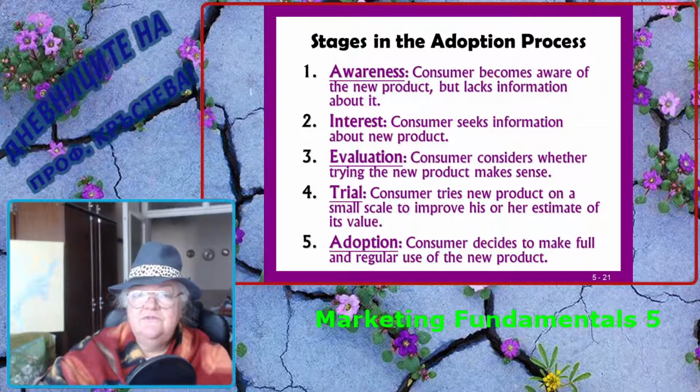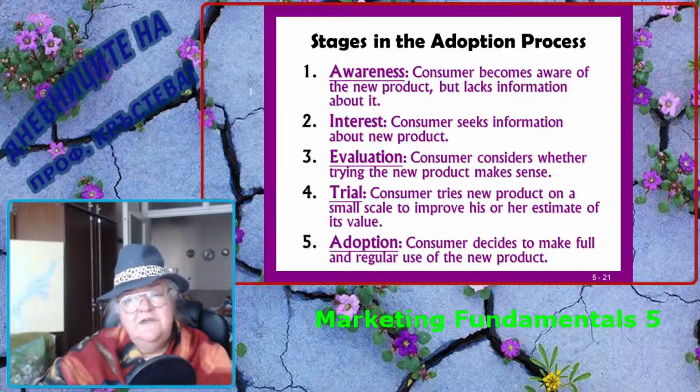There are several steps in the adoption process. The first one is awareness. The consumer becomes aware of the new product but lacks information about it. The second step is interest. The consumer seeks information about the new product. Then evaluation: the consumer considers whether trying the new product makes sense.